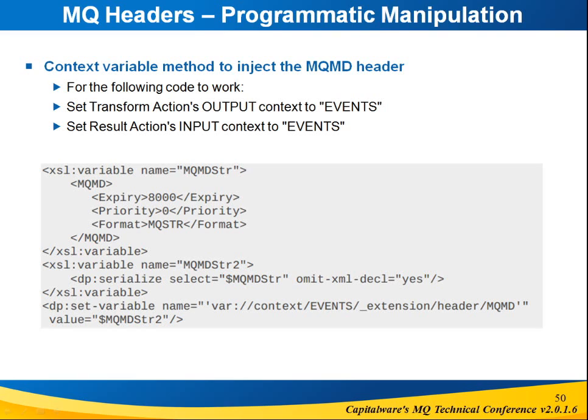Then we do the serialization of that information into MQMDSTR2. Then what we do is we use the set variable option within DataPower to set the context /events/_extension/header/MQMD, and that causes the events context variable to now contain a message descriptor properly constructed with all of the MQ parameters embedded in it.